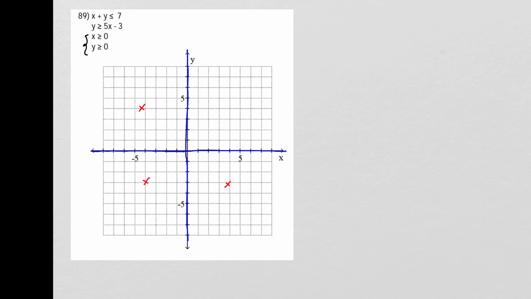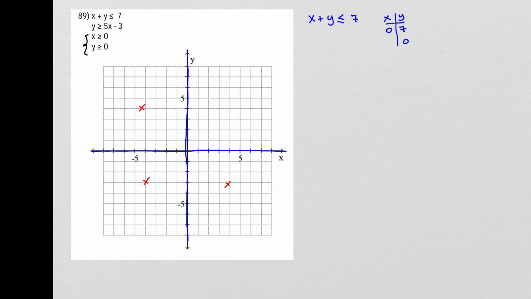Doesn't really matter which one we work with. So let's do x plus y is less than or equal to 7. Okay, so then we can find our intercepts. If x is 0, then y would be 7.